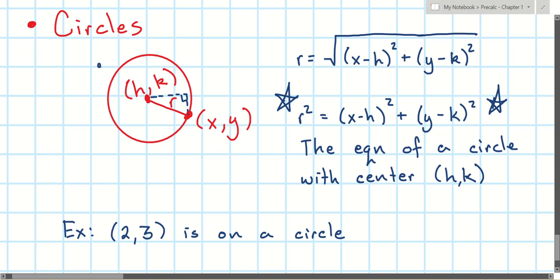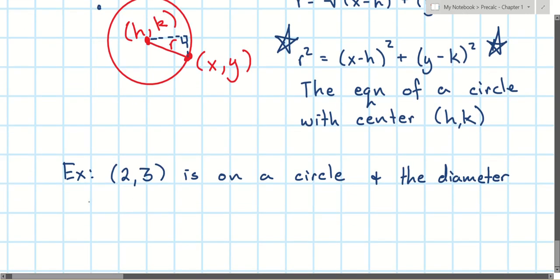And, oh, we should get crazy with this one. How hard do you want this one? Is it on a circle? And the diameter connects from 2, 3, connects with, give me another point on the circle.